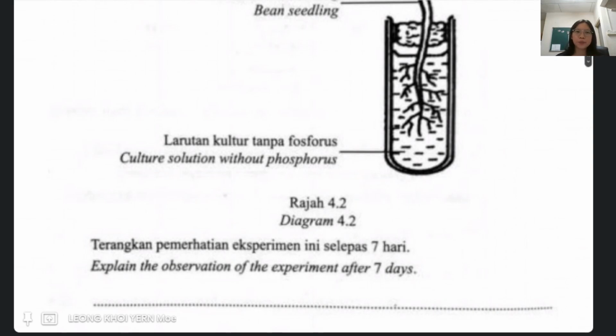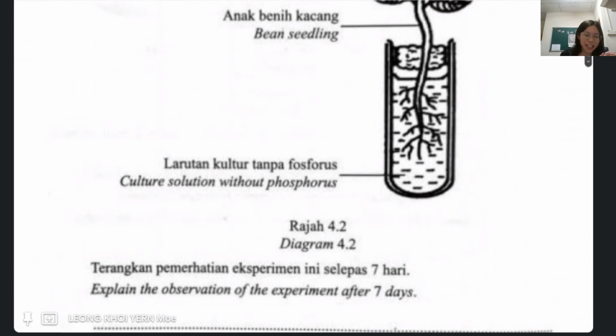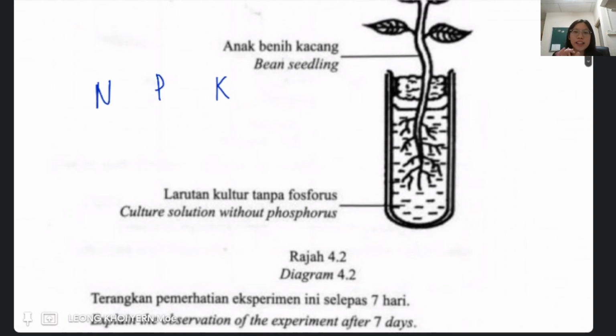But honestly, what I can say, if you really cannot memorize so many things, you just focus on these three main macronutrients: nitrogen, phosphorus, and potassium. Not NSK, NPK, okay? So NPK, nitrogen, phosphorus, potassium.